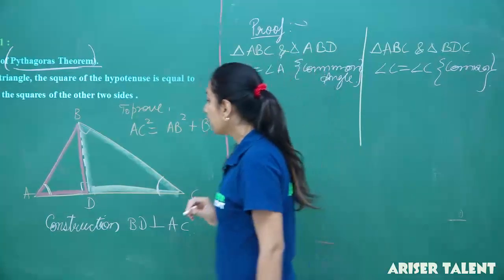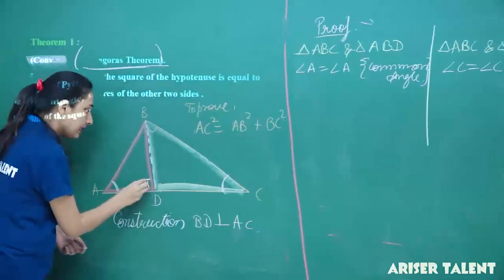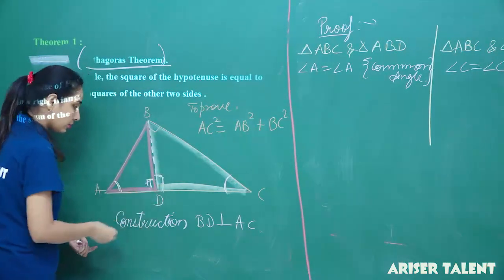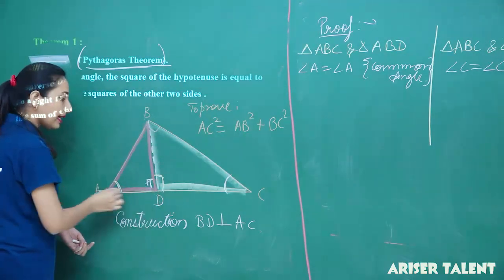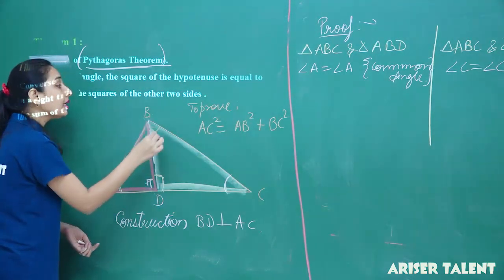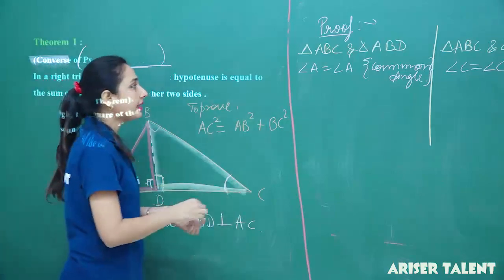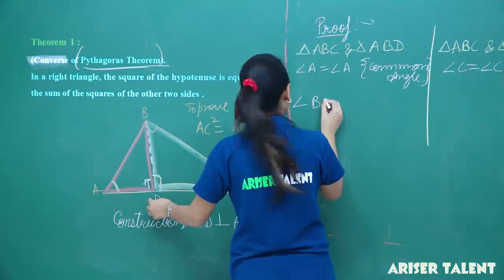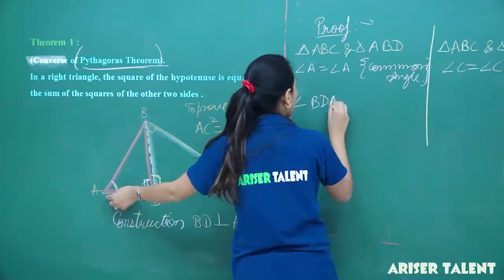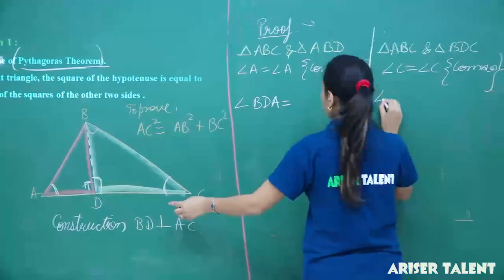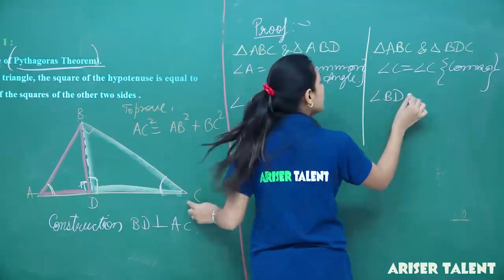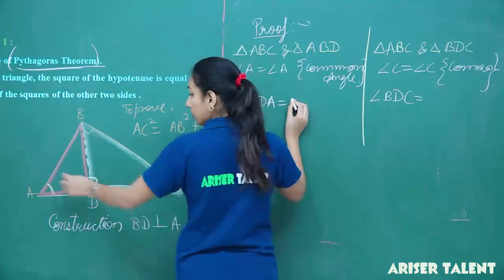Now look, this angle is 90 degrees, this angle is 90 degrees. So angle BDA is 90 degrees and angle BDC is 90 degrees. So we can write angle BDA and angle BDC equal to what?